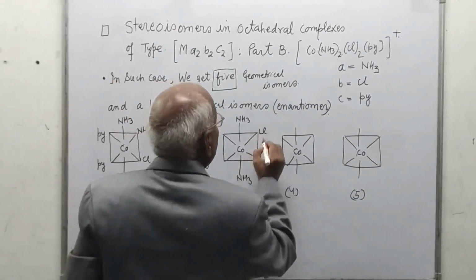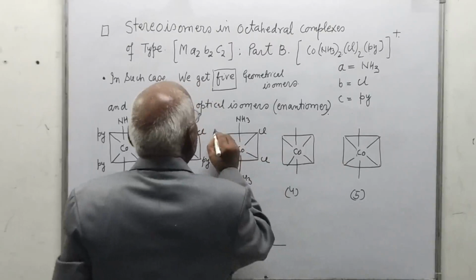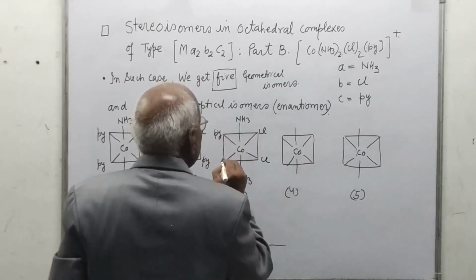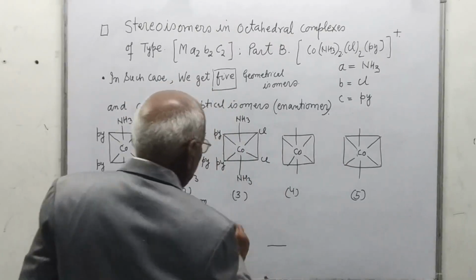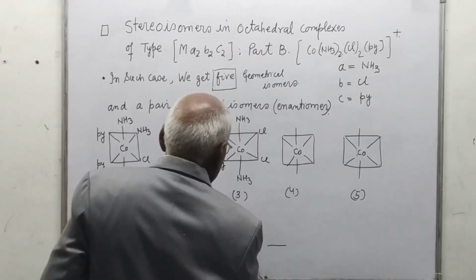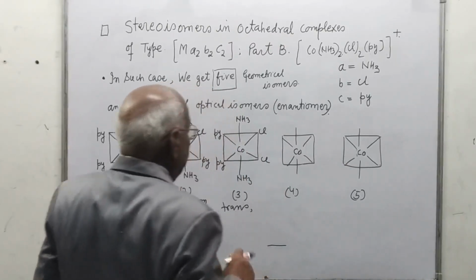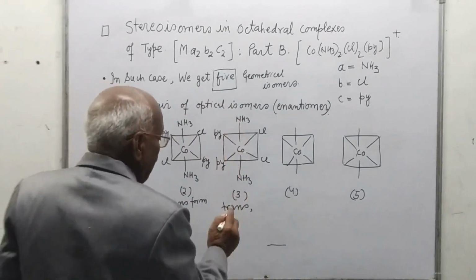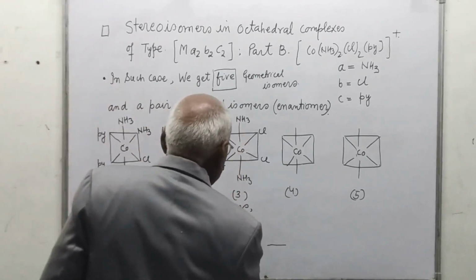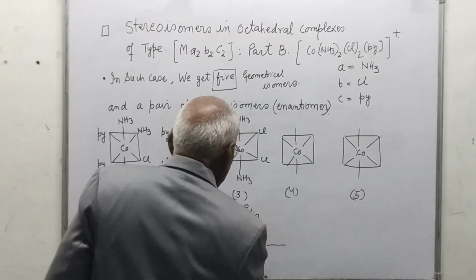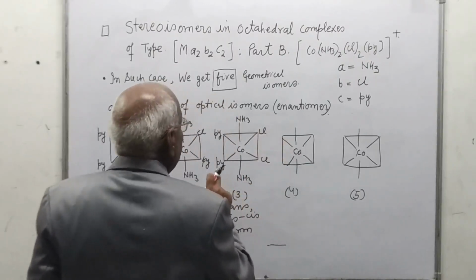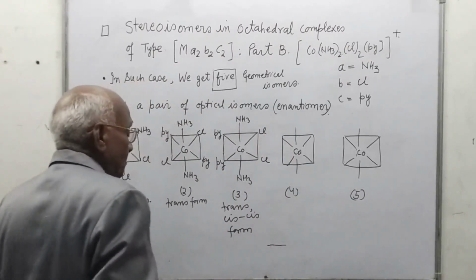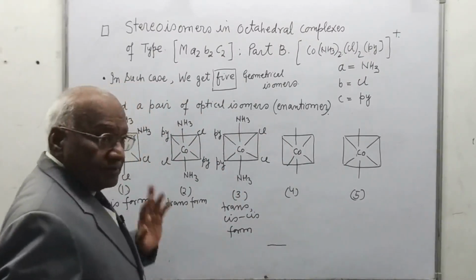So this is Cl and pyridine and pyridine. So you can say trans cis cis form: trans with respect to ammonia and cis with respect to Cl, Cl and pyridine.